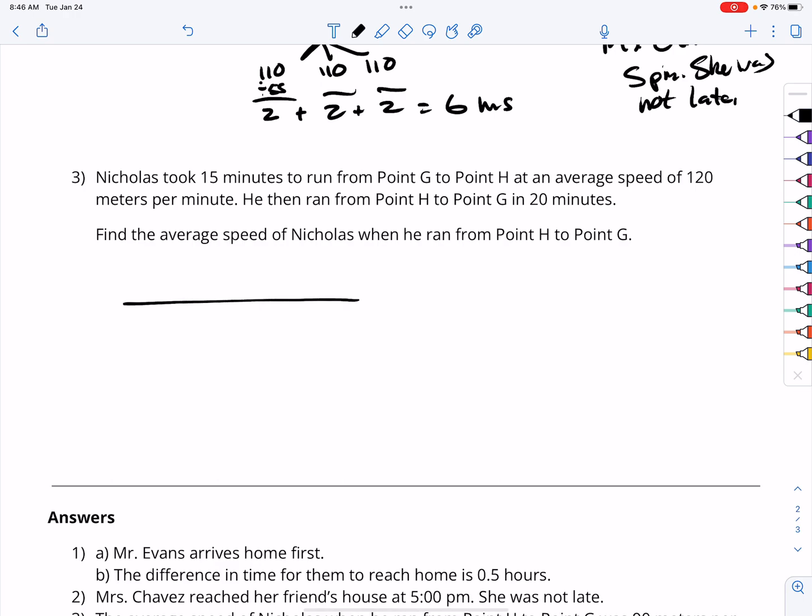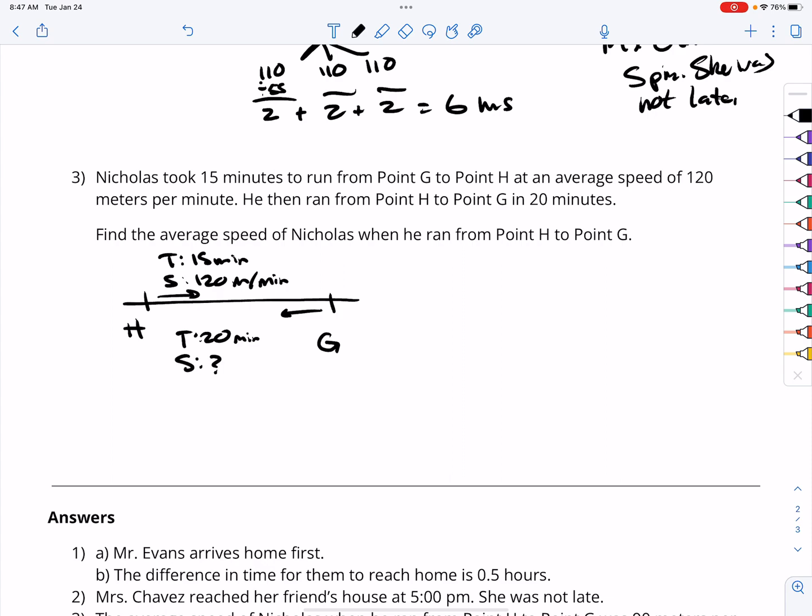So here we're going from H to G, and we know our time and we know our speed, 15 minutes, at a speed of 120 meters per minute. Then, that is on the way there. On the way back, the time was 20 minutes.